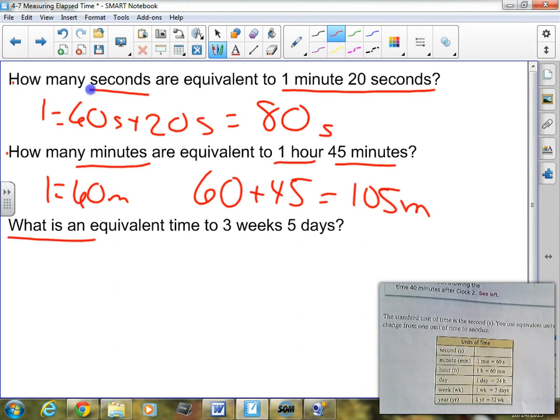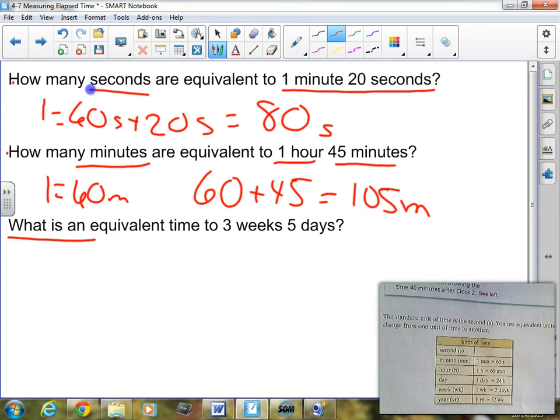What is an equivalent time to 3 weeks, 5 days? So I need to rename 3 weeks, 5 days in any way possible. Now the nice thing is, you can see in the chart right down here, that I can name it several different ways. I can name it in days, hours, or seconds. It'll be very difficult, but it's still possible.